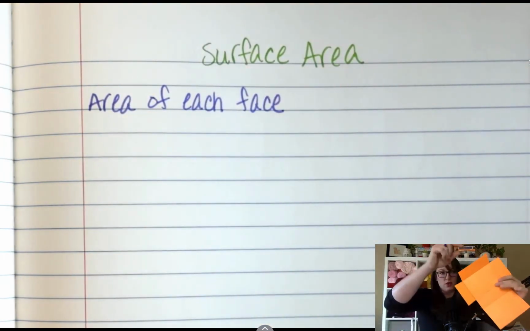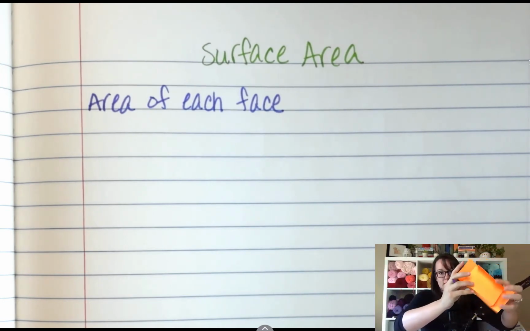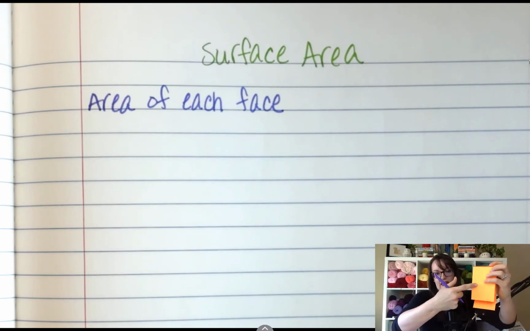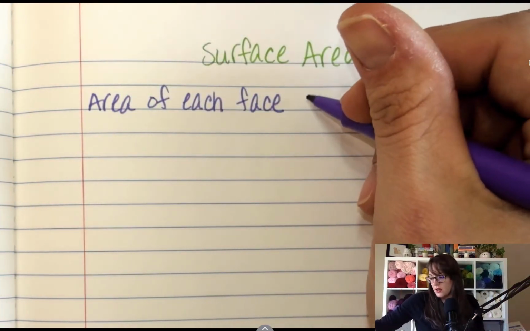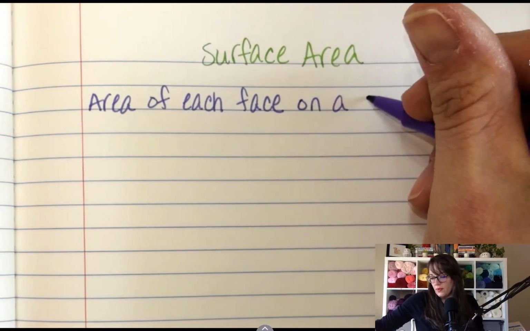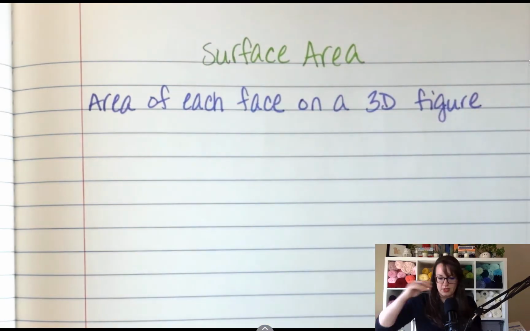So this is face 1, 2, 3, 4, 5, 6 faces. So this is a face on a prism. So area of each face on a 3D figure or object.